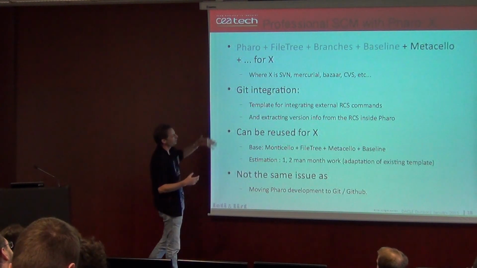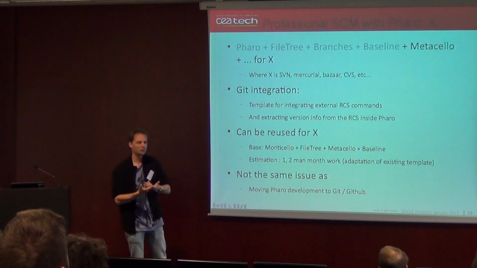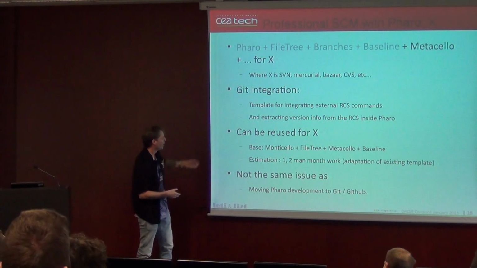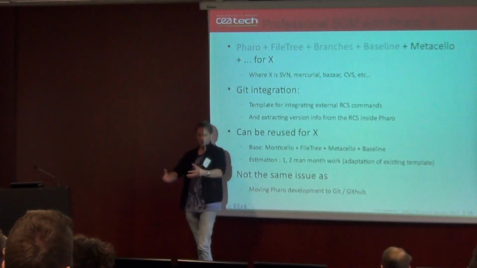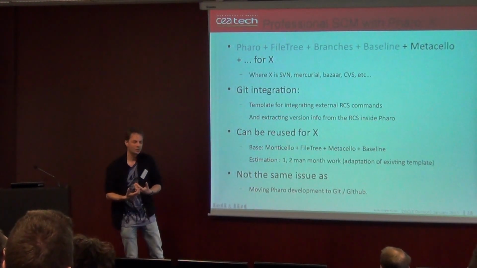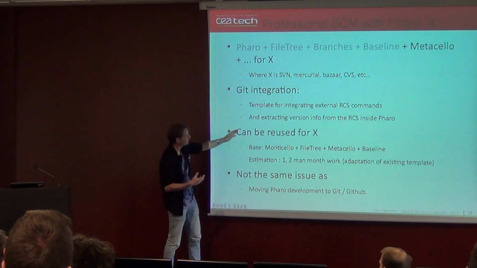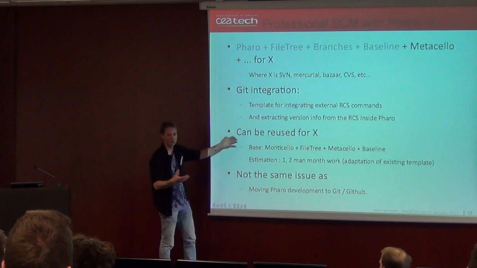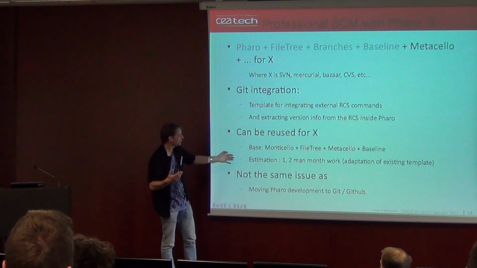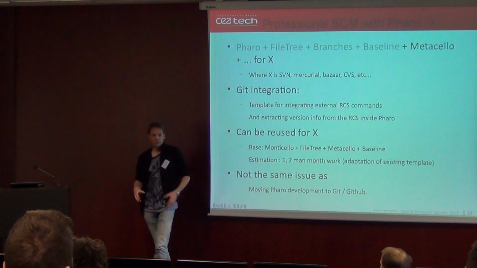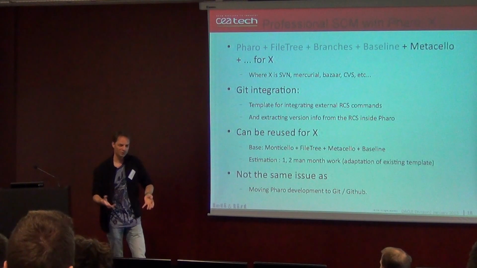The Git integration is a good template to see how we integrate external revision control system commands inside Pharo, and how we extract history version information from the RCS inside Pharo, so that you get the benefit of using it. And from that base, we can reuse it and say, basically, if you have a command line tool, you use OS process as Git file tree is doing, and you probably need one to two man-months to adapt to a completely new RCS and have something working well.